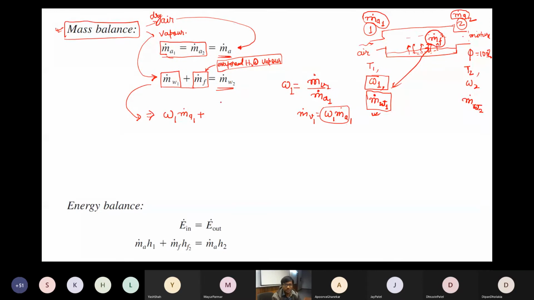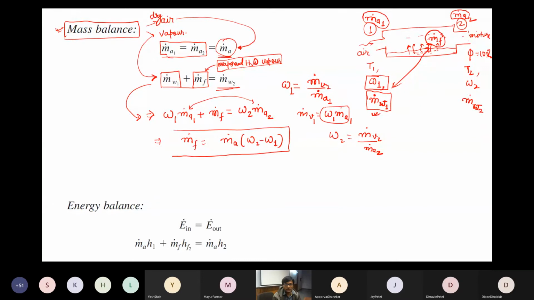Okay, so we don't know this, so let me find this. M dot f is equal to m dot w. Can I write? So w2 is equal to mass of vapor at 2, mass of dry air at 2. So this is omega 2 m dot a2. And we also know that a1 and a2 are equal, which is equal to m dot a. So we can further write m dot f is equal to m dot a times omega 2 minus omega 1.